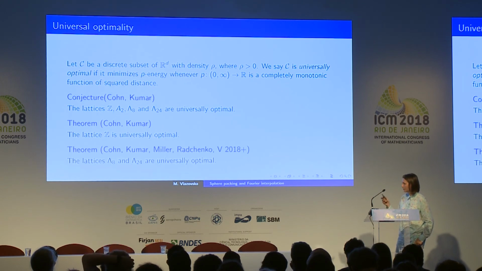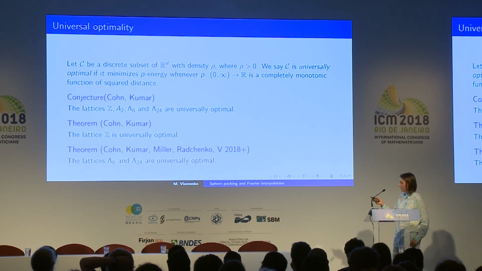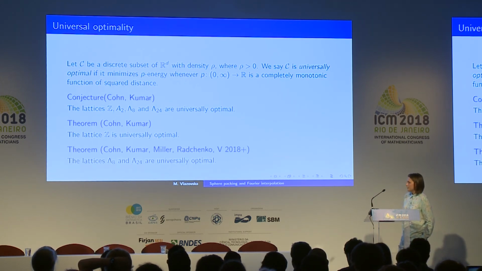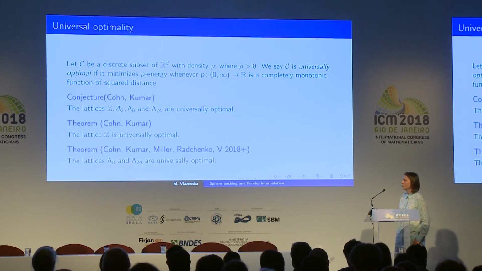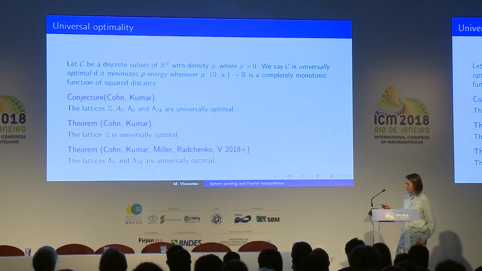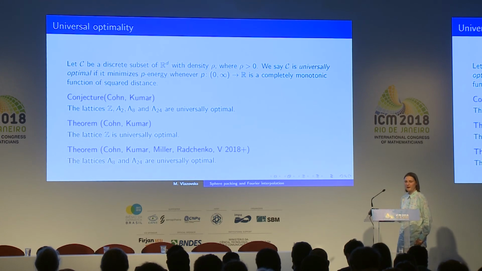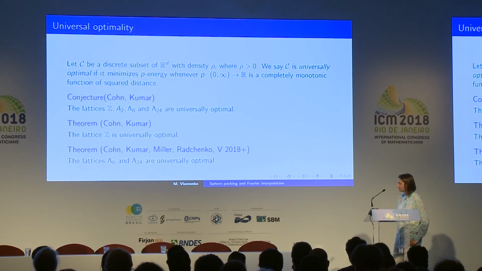And now the work in progress, which I think will finish soon, is that the E8 lattice and the Leech lattice are also universally optimal in their dimension. I would also like to point out that the hexagonal lattice seems to be halfway between integers and E8, and for it we still don't have a proof, and here the situation seems to be much more complicated than for E8.